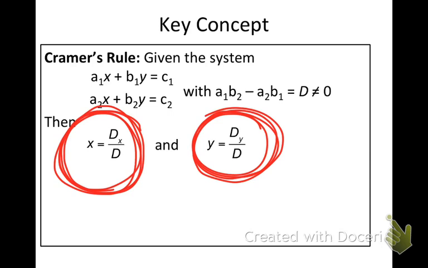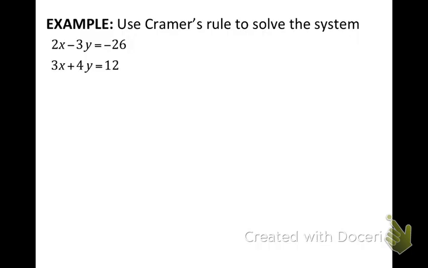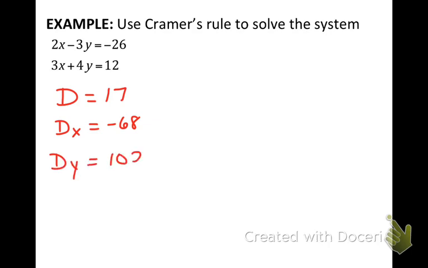So if we go back to that last example that we already found determinants for, what did we say our d was equal to? Refresh my memory. 17. It was 17. D sub x we said was negative 68 and d sub y was 102. Okay, so we already figured out those values.